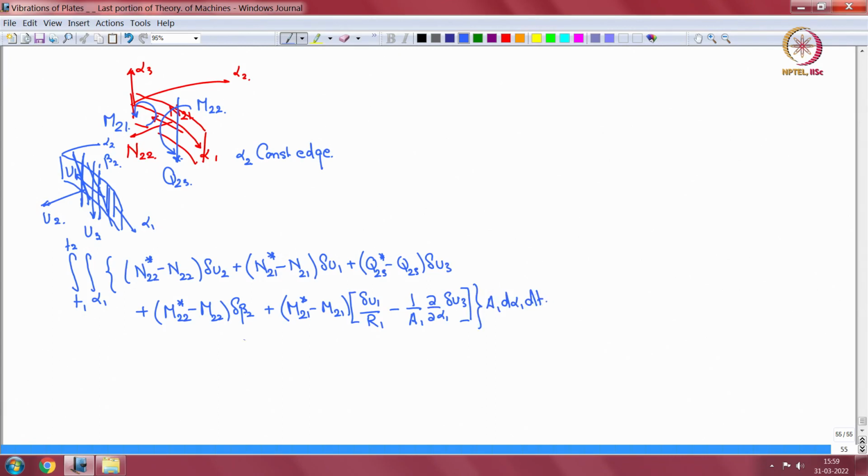So why? Because beta 1 is U1 by R1 minus 1 by A1 del alpha 1 U3.